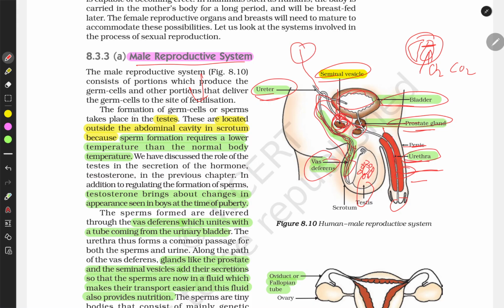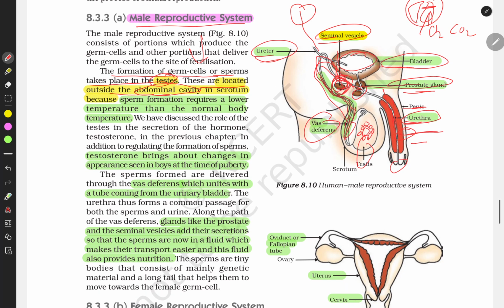Let's study this. The formation of germ cells, or sperms, takes place in the testes, and they are located outside the abdominal cavity in the scrotum, because sperm formation requires a lower temperature than the normal body temperature. It requires 1, 2 or 3 degrees less than our body temperature.